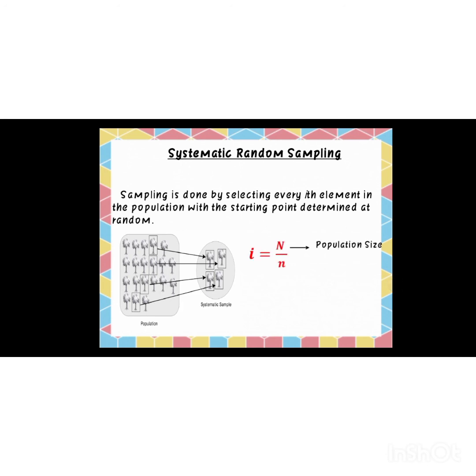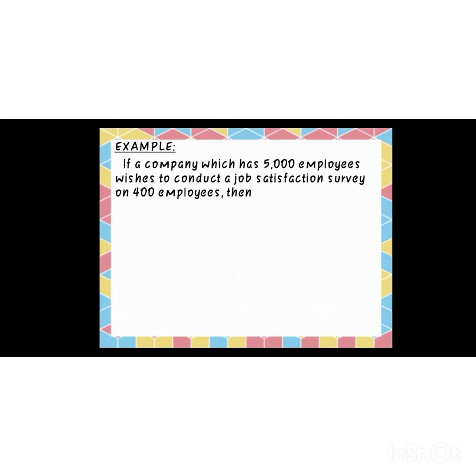Okay, so next. So, this will be the formula that we're going to use. Where k is equals to N over n, where N is the population size, and then the small n is the sample size. For example, if a company which has 5,000 employees wishes to conduct a job satisfaction survey on 400 employees, then to compute, just simply substitute for the population size, we have 5,000.